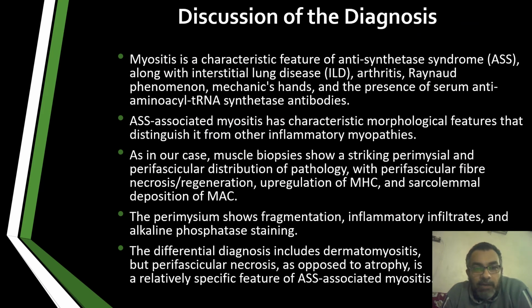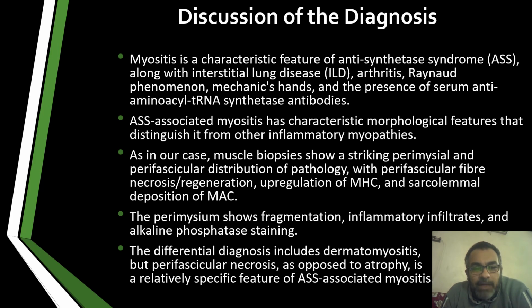Discussion of the diagnosis. Myositis is a characteristic feature of anti-synthetase syndrome, ASS, along with interstitial lung disease, arthritis, Raynaud's phenomenon, mechanic's hand, and the presence of serum anti-aminoacyl tRNA synthetase antibodies. ASS-associated myositis has characteristic morphological features that distinguish it from other inflammatory myopathies.